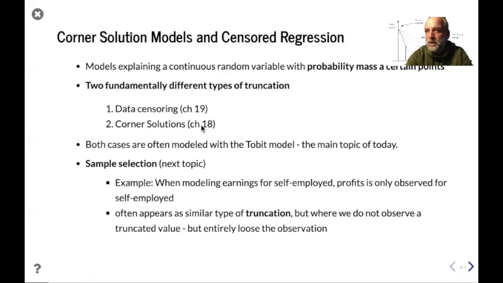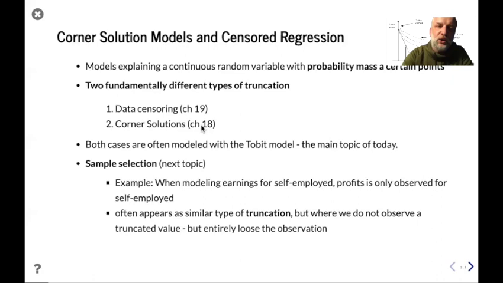Now, the difference to the case that we're looking at today is that, for example, with the demand, it would be obvious that if you have a recording of zero, it is actually a demand of zero. But for an individual who's not self-employed, where you don't have that profit observed, it's not because those profits would have been zero had they been self-employed. So this is a little bit different.